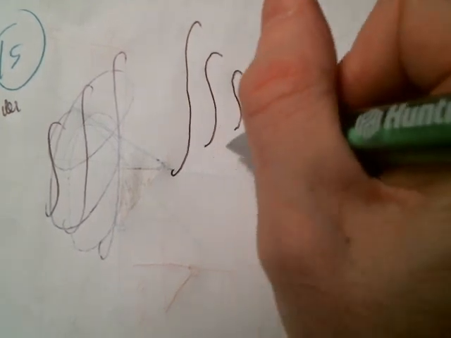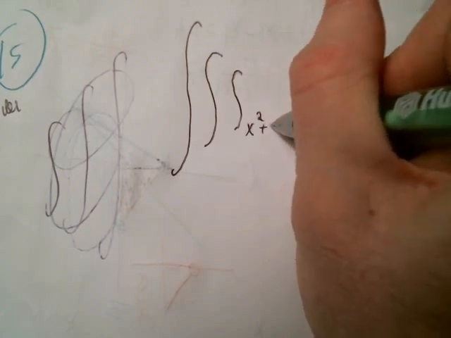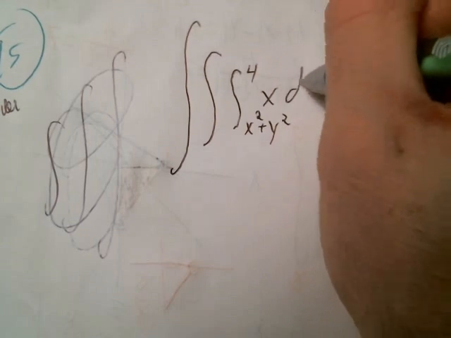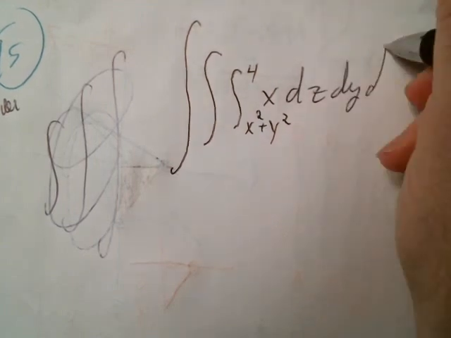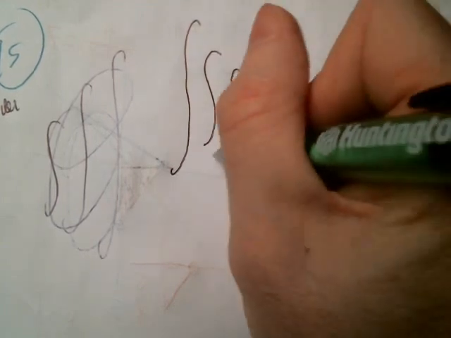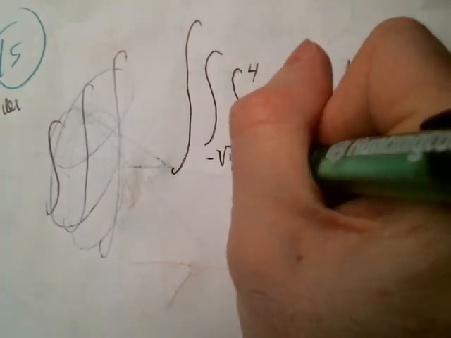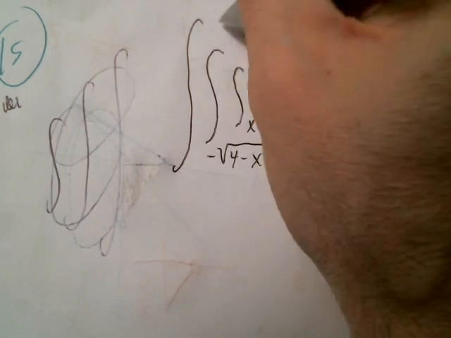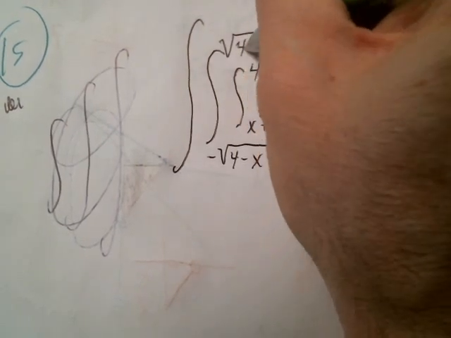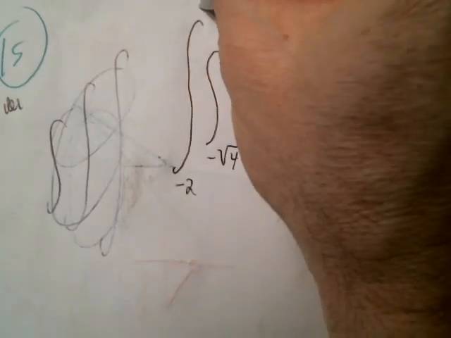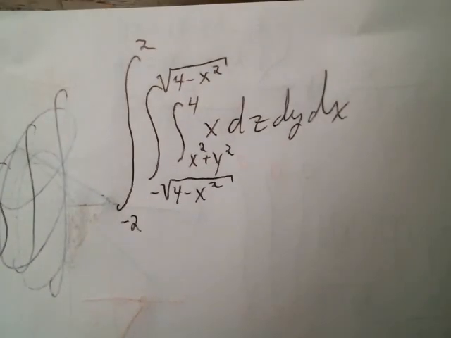So in this case, I have x squared plus y squared to 4, and I have x dz, dy, dx, and then I'm going from negative square root of 4 minus x squared to square root of 4 minus x squared, and then from negative 2 to 2 on the outer integral.